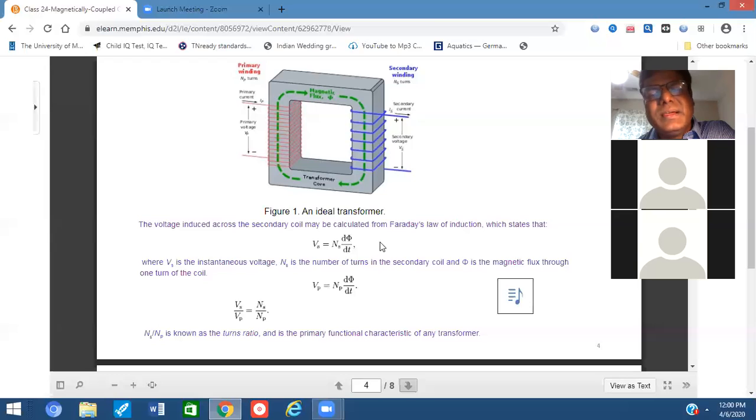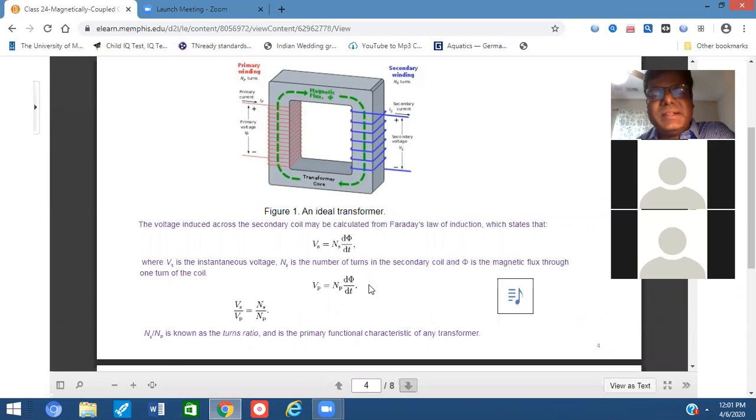So the very first line should be Vs proportional to dφ/dt, but I omitted that proportionality sign and directly wrote Vs = Ns dφ/dt. In this case, Ns is the proportionality constant, which represents the secondary side number of turns. Does everybody understand this equation?